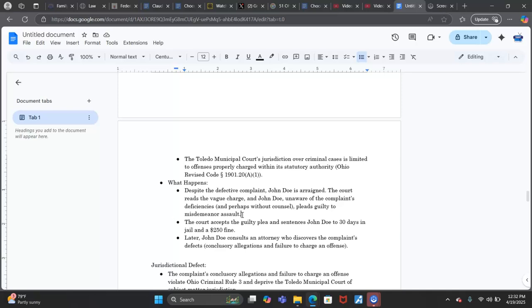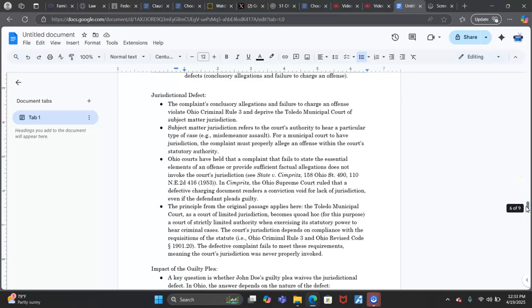It's just smoke and mirrors, y'all. The court accepts the guilty plea and sentences John Doe to 30 days in jail and fines him $50. Later, John Doe consults an attorney who discovers the complaint's defects, conclusory allegations, and failure to charge an offense. This is vague, it's conclusory, and it is legally insufficient as a matter of law.